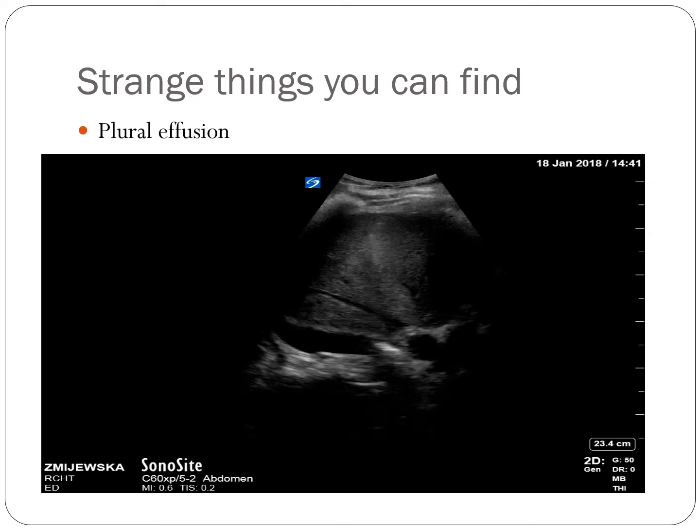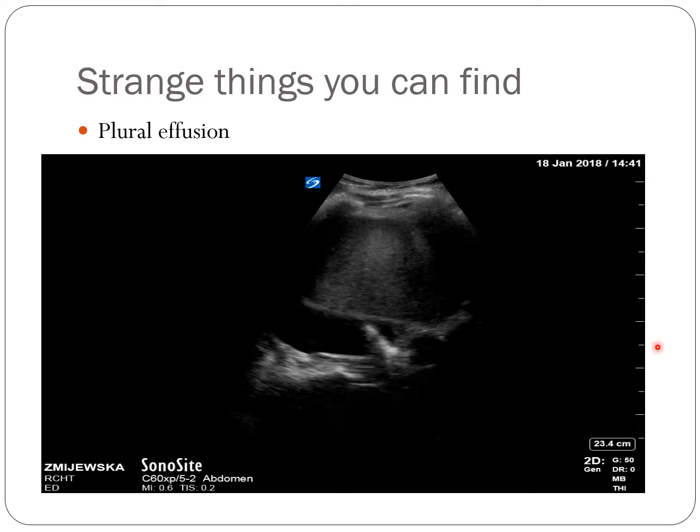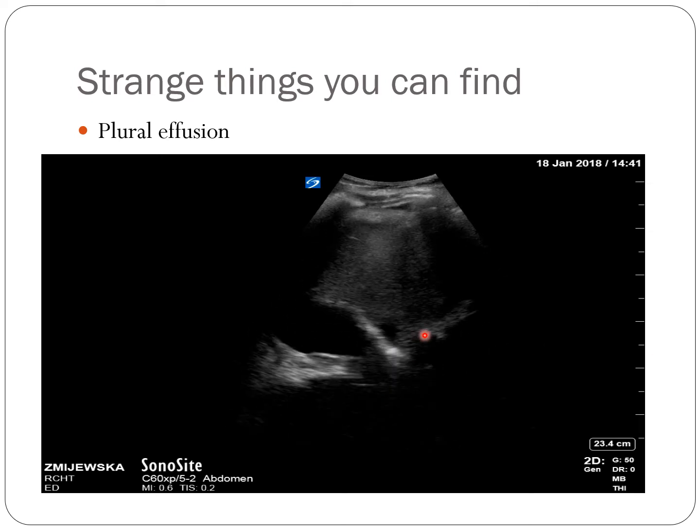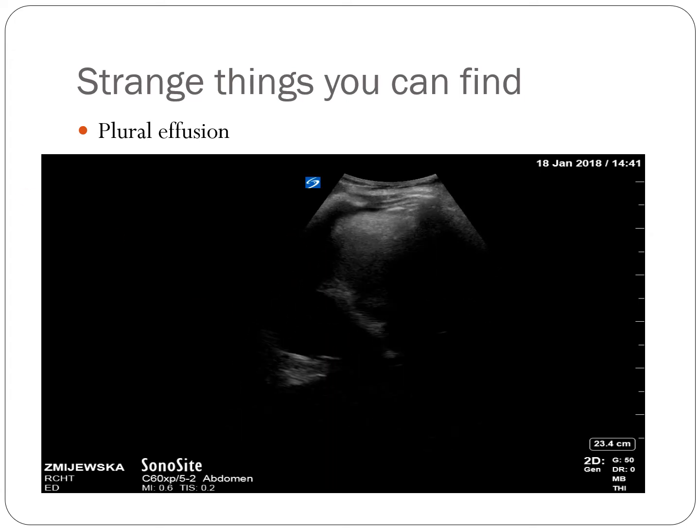Now, a few strange things you can find. So on this scan, you can see the right upper quadrant space. You can see the liver, you can see the dome of the diaphragm, and you can see the pleural effusion.